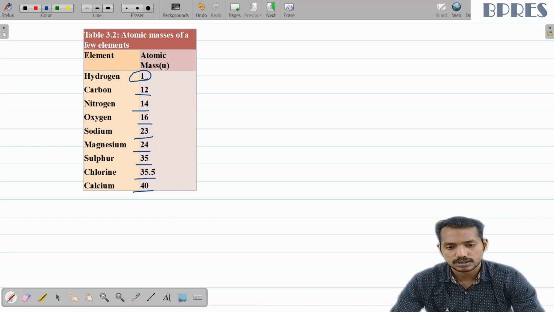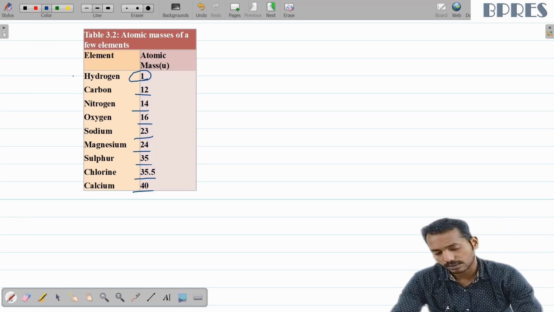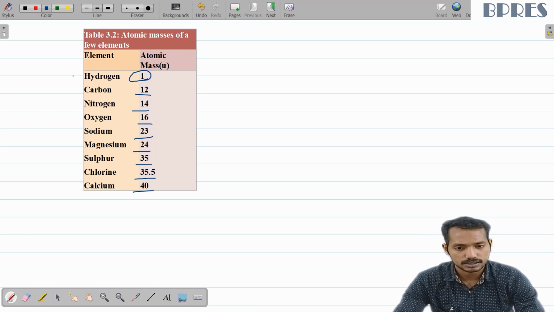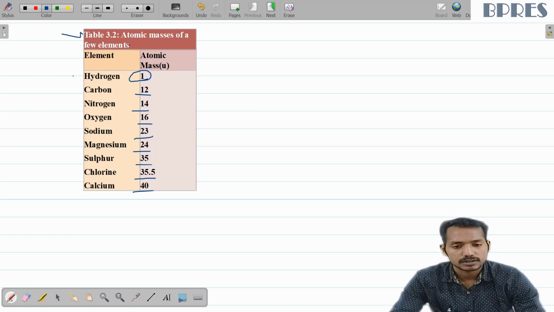So at least study the atomic masses of these given elements. If a question involves other elements, the atomic mass will be given in the question. So at least you have to study the atomic masses of the elements given in table 3.2, page number 35.